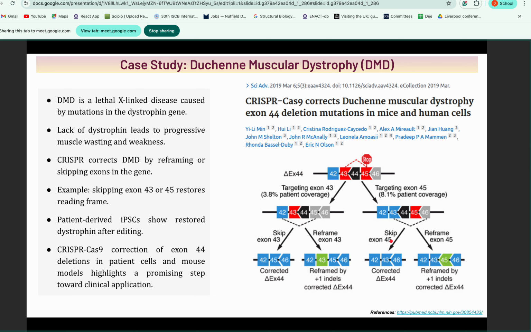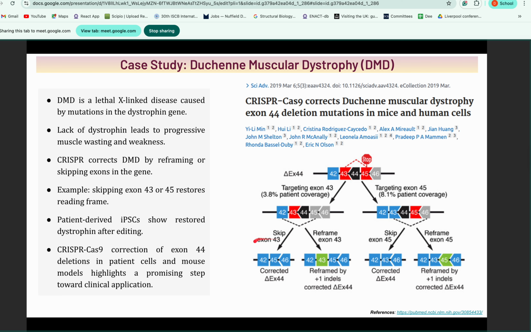In this example, there are multiple exons present in this gene, which is the dystrophin gene. Targeting exon 43 gives 3.8% patient coverage. In this case, exons 43, 44, 45, 46 are present.